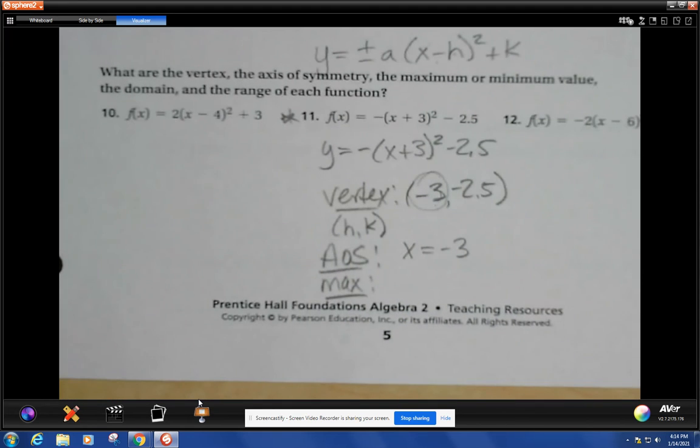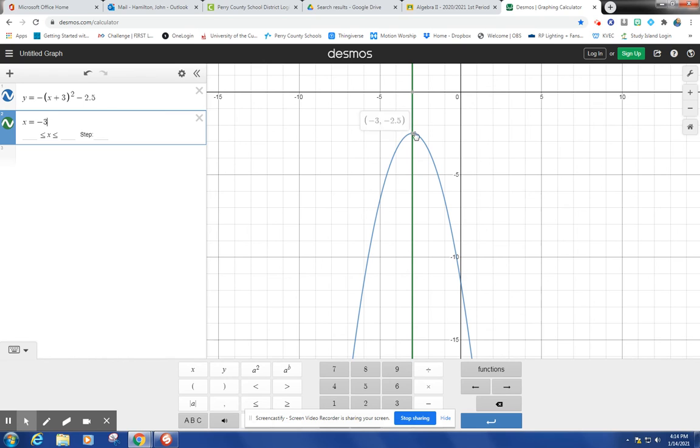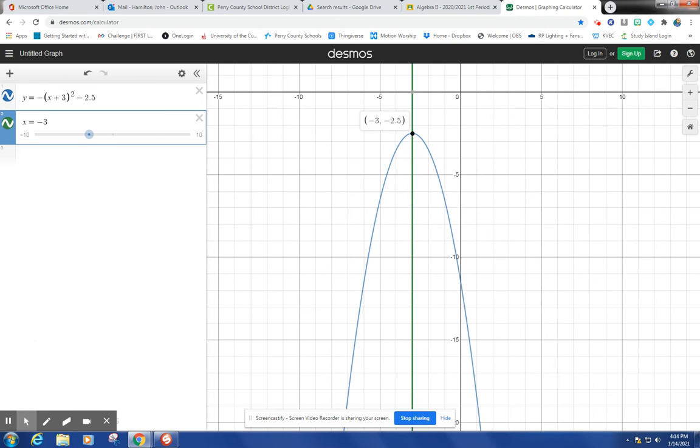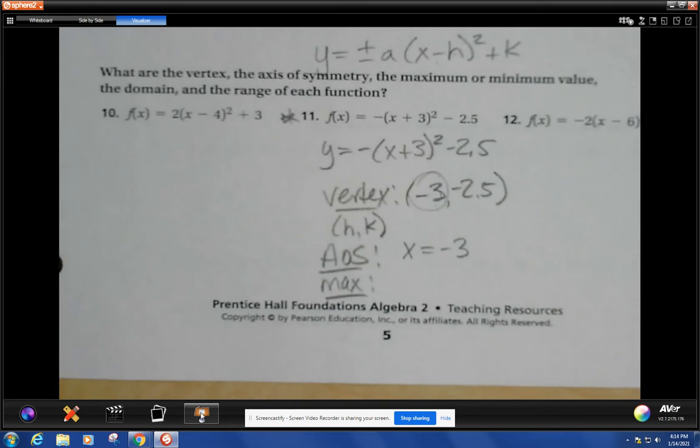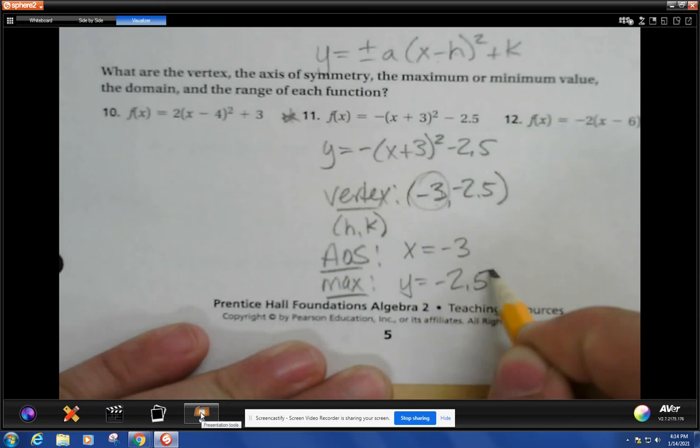And where is that maximum at? Well, notice the maximum is wherever the top of our graph is. Well, here is the top of our graph, right where we had our vertex, right? So now is it the x coordinate or the y coordinate? Well, if we're talking about a minimum or a maximum, we're talking about how far it is up or down. So it's always our y coordinate. So we have a maximum at y equals -2.5. So our maximum is y equals -2.5.